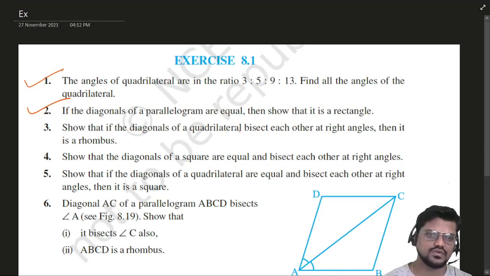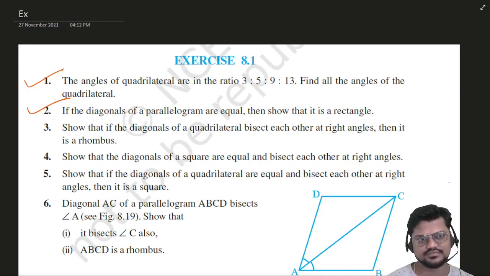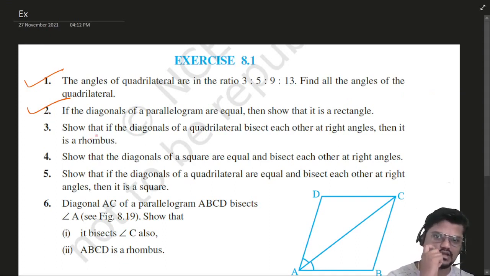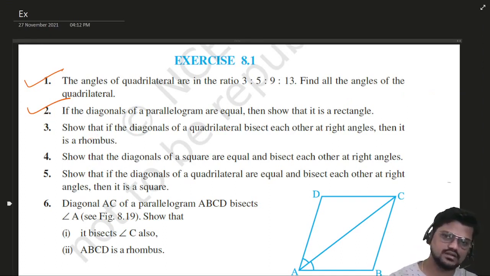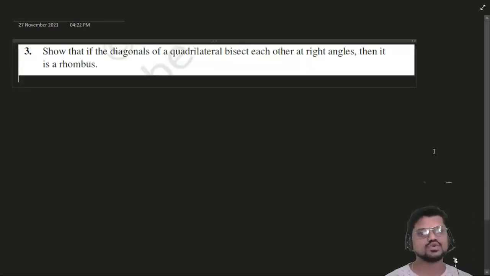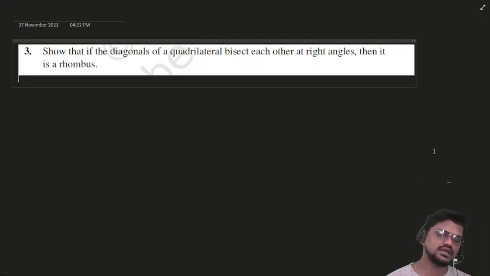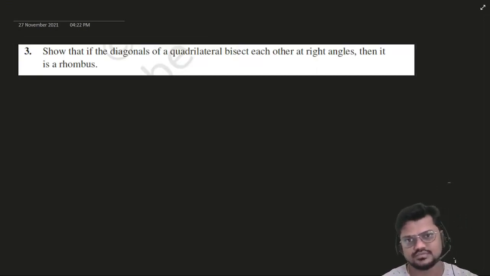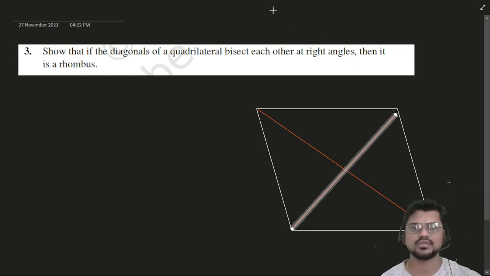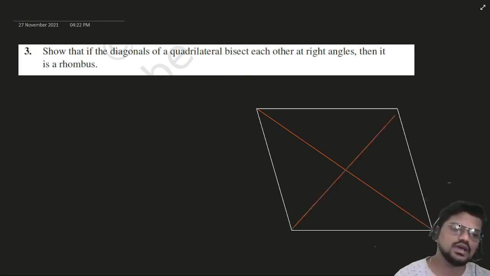Show that if the diagonals of a quadrilateral bisect each other at right angles, then it is a rhombus. I'll explain this orally, I will not write it.